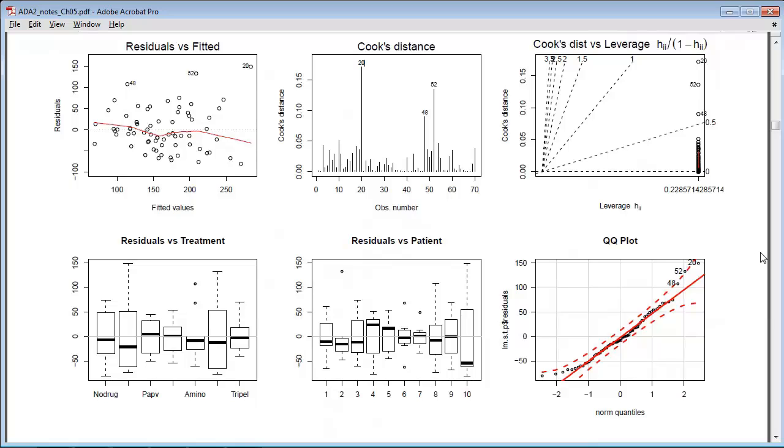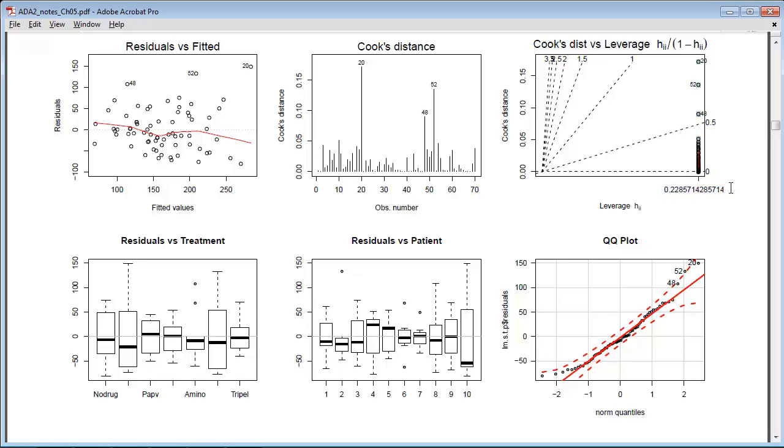So the last thing I want to point out is the leverage plot. Leverage is basically useless as a measure when there's no continuous variables, when everything is a factor. So here, treatments are factors, patients are factors. And so the leverage tells you how much of an outlier an observation is in the x direction, so in the direction of your predictor variables. Well, in this case, notice that all the points are in the same place.